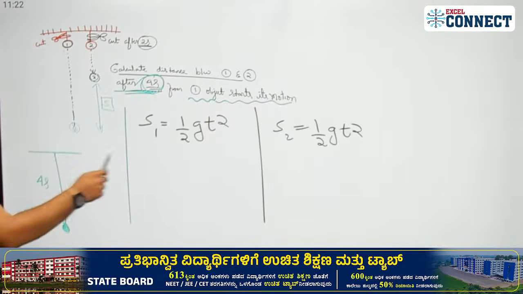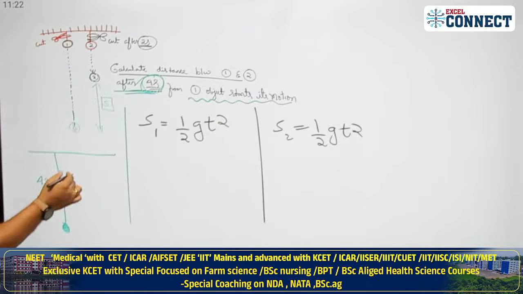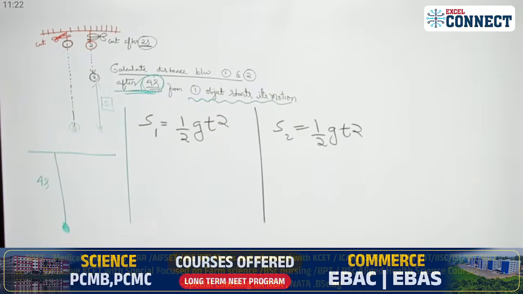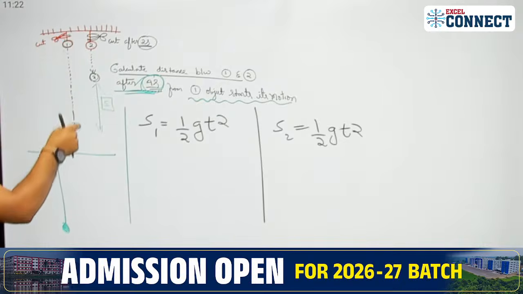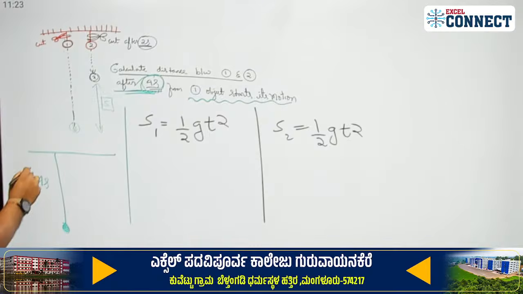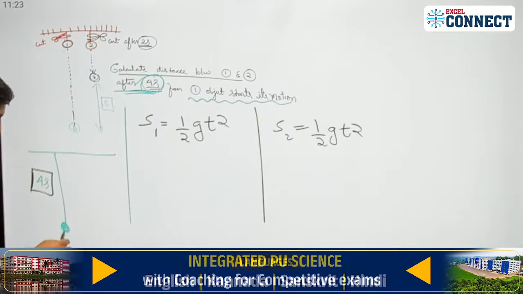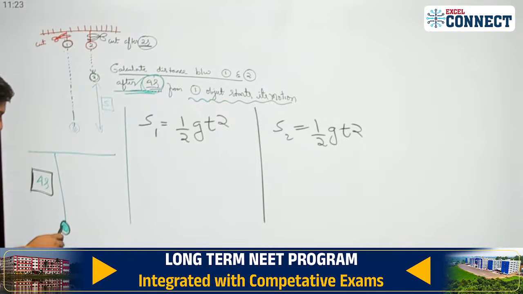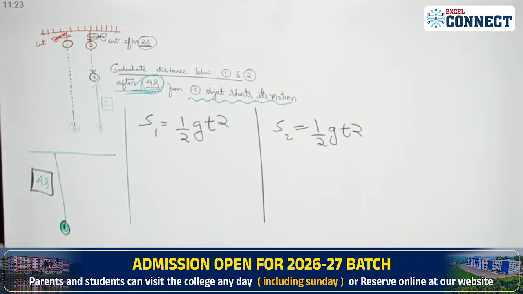Then, for what time does the second object travel? If you cut this thread, the first object is under free fall and at the end of 4 seconds, it is at some point, okay? Whether the time taken by the second object is the same or is it different.